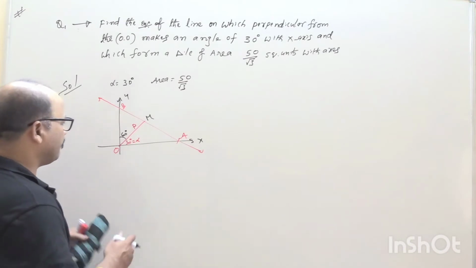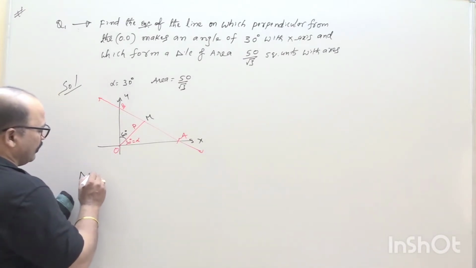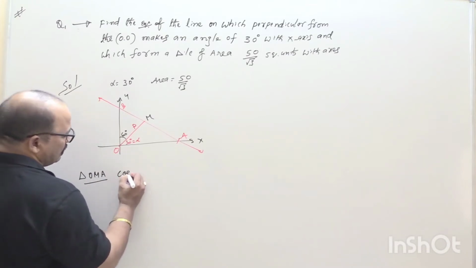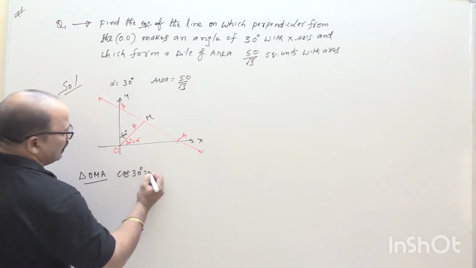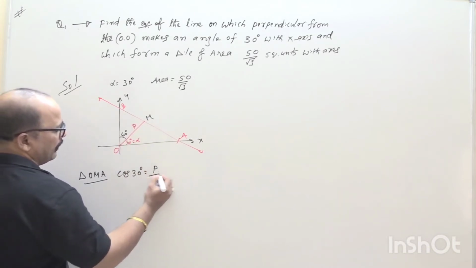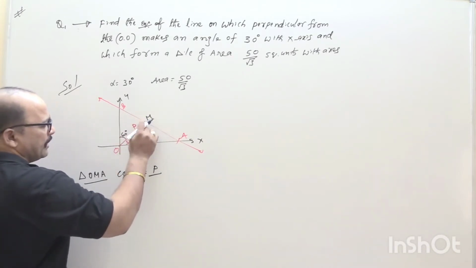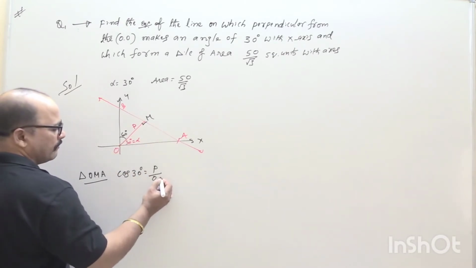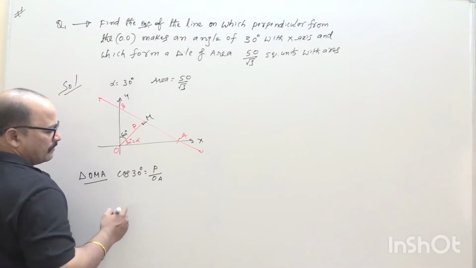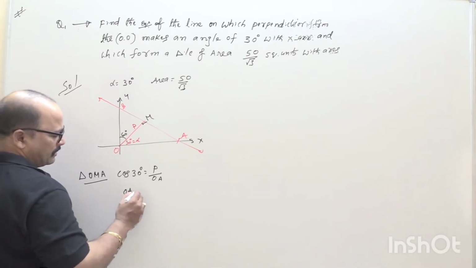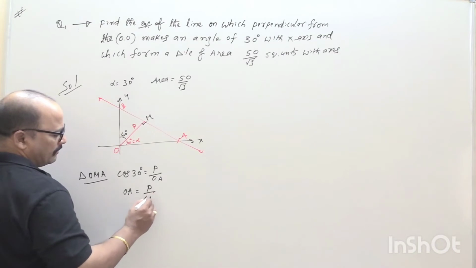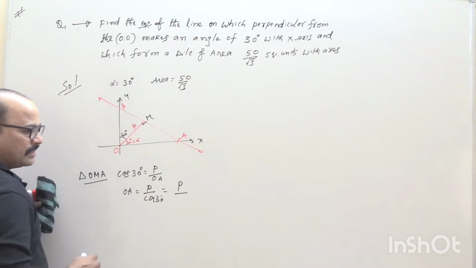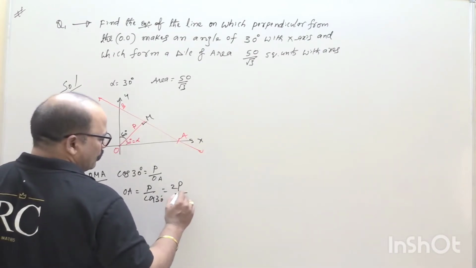First, triangle OMA. Cos 30 degrees is the adjacent side P by the hypotenuse OA. So OA is equal to P by cos 30. Cos 30 is nothing but root 3 by 2, so OA is 2P by root 3.